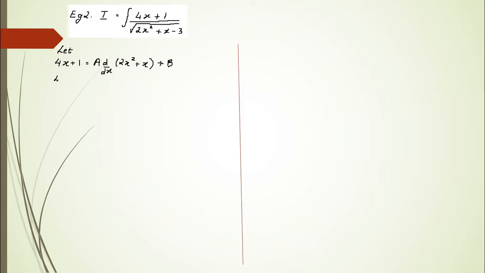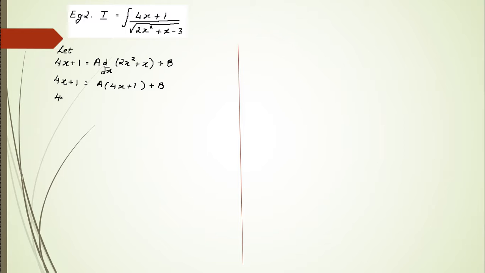Therefore 4x plus 1 is equal to a into the d by dx of 2x square plus x, which is 4x plus 1, plus b.